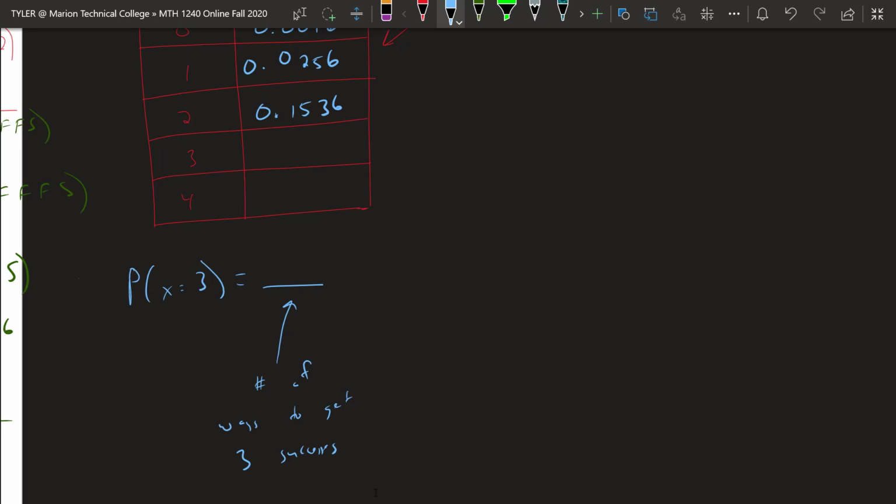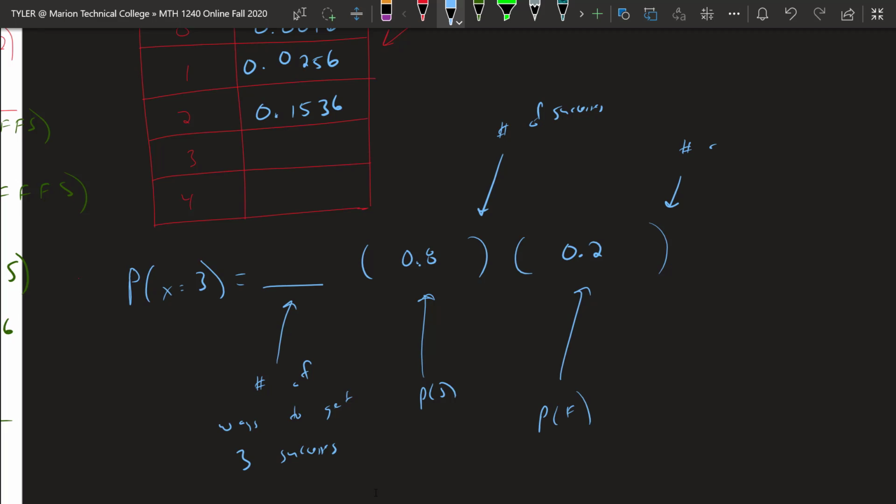And then in here is going to be the probability of S, and in here would be the probability of F. So we know those would be 0.8 and 0.2. And then we're going to raise these to exponents: this one would be the number of successes that we have, and this one would be the number of failures. I could fill those in too, because if x equals 3, this will be 3. And then the number of failures, there'd only be one plane that would be failing.